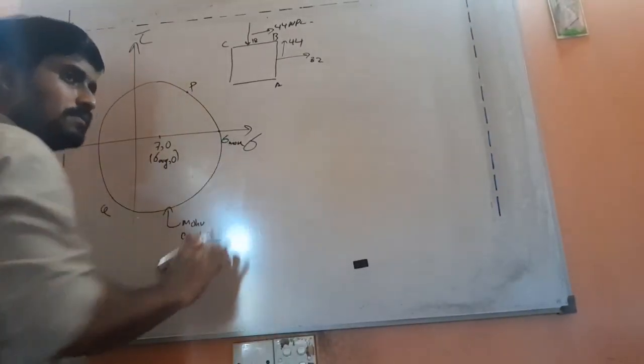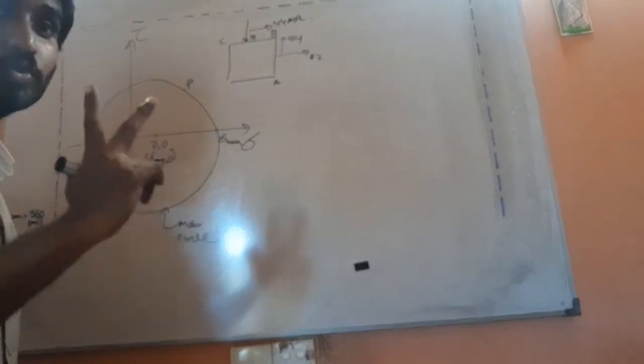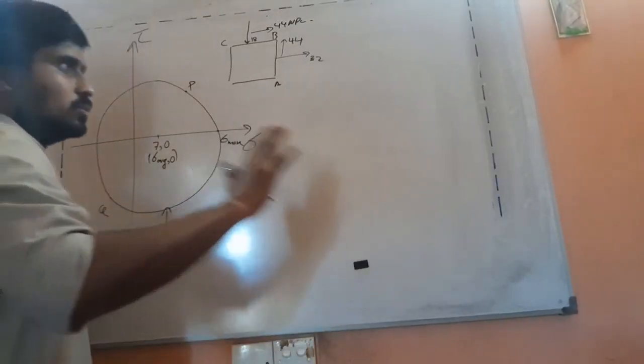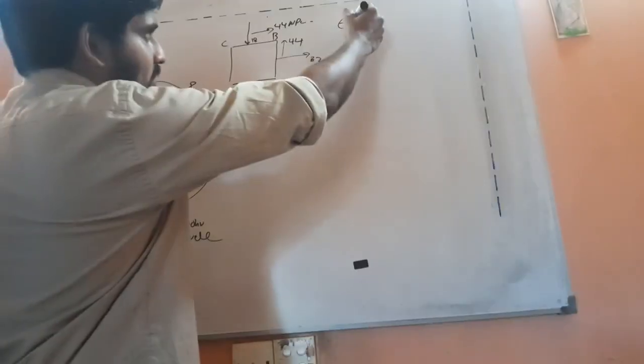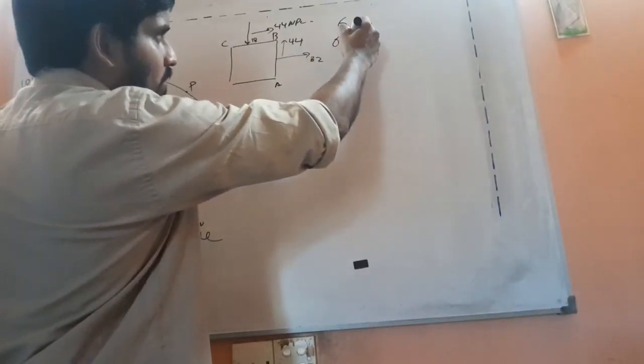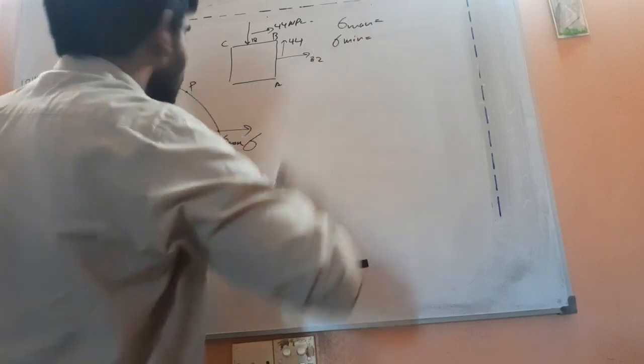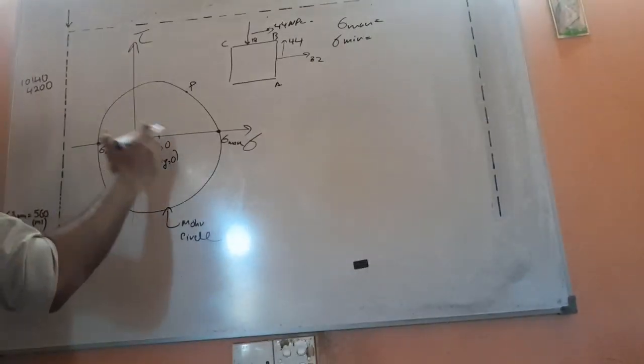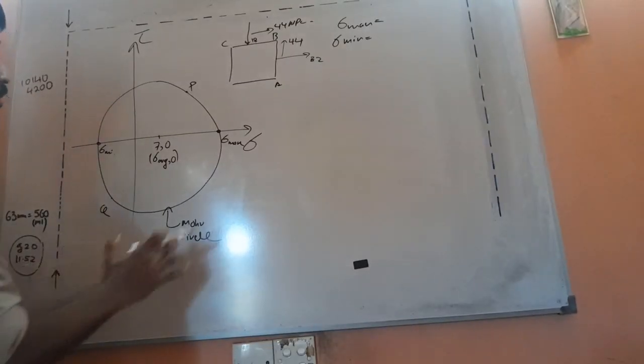Actually sigma max is one of the two principal stresses, because there are two principal stresses, sigma max and sigma min. Here we have sigma max, this point, and here we have sigma min, where the circle intersects the x-axis on the side of negative infinity, or on the left side. So that is sigma min.